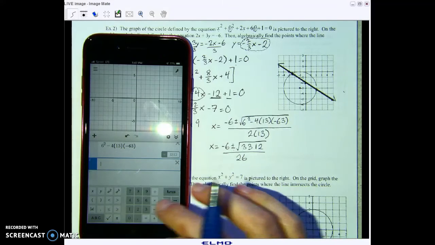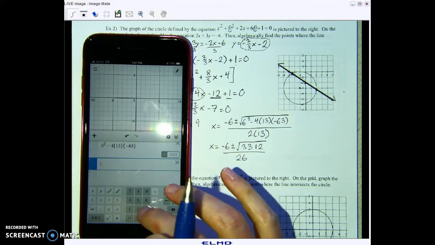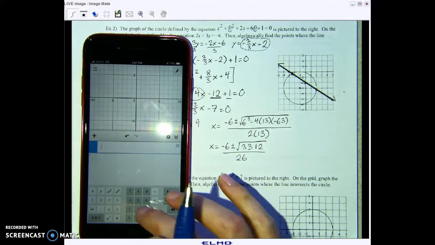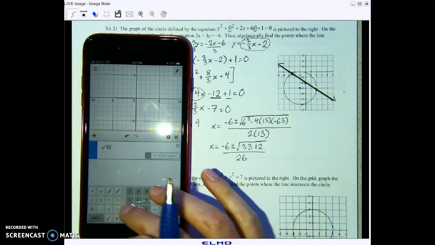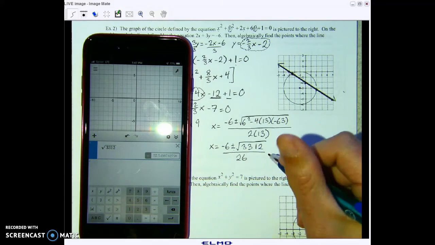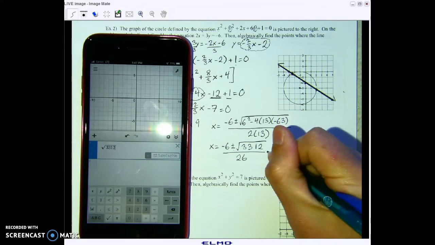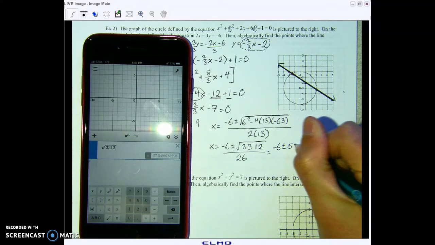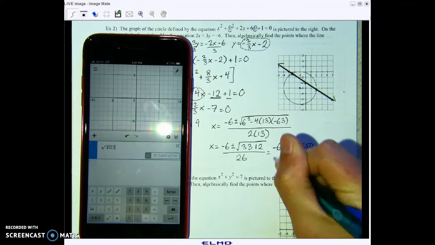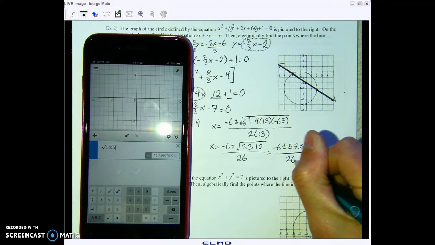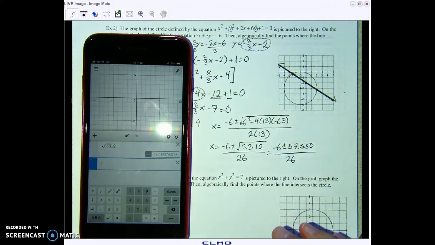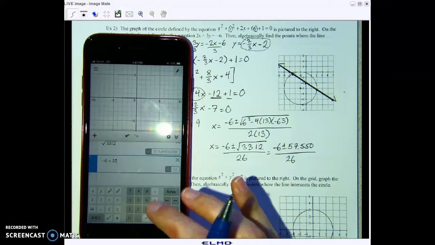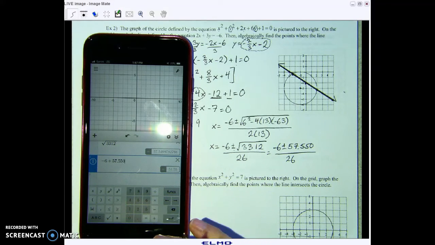What happens is the square root of 3312 is 57.550. So really that's -6 plus or minus 57.550 all over 26. So my first solution is going to look like -6 plus 57.550.